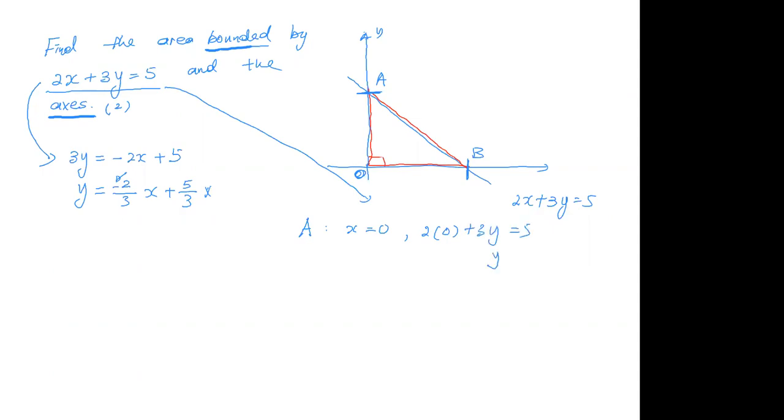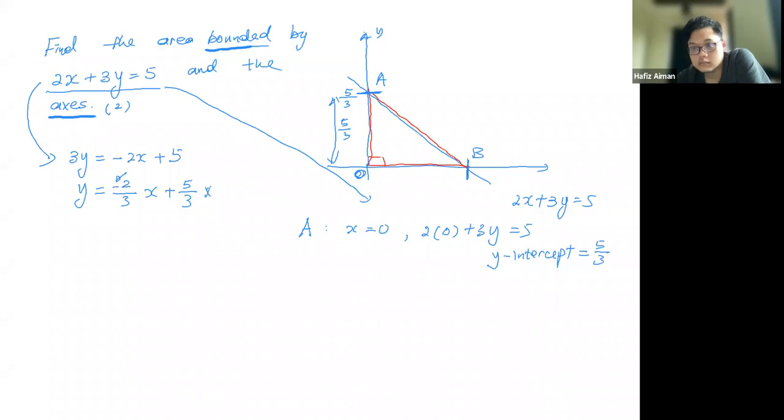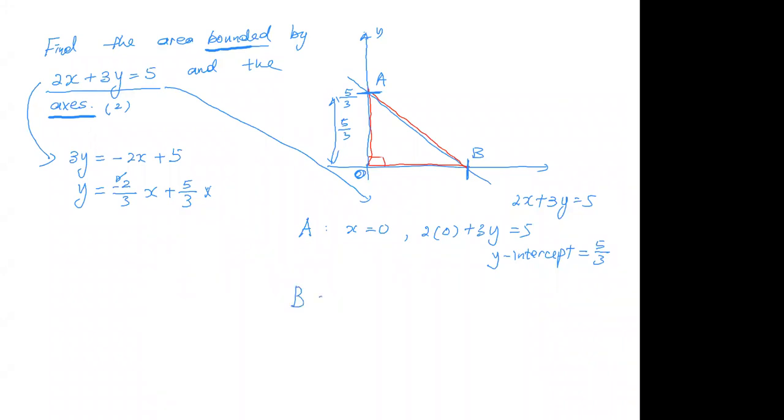So my y-intercept, please write it as y-intercept is equal to 5 over 3. So here is 5 over 3, which means this distance is 5 over 3. Are you clear? Okay. Then for point B, I know that point B lies on the x-axis when the y coordinate is 0.